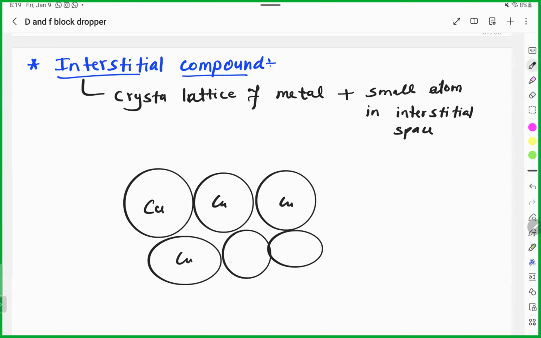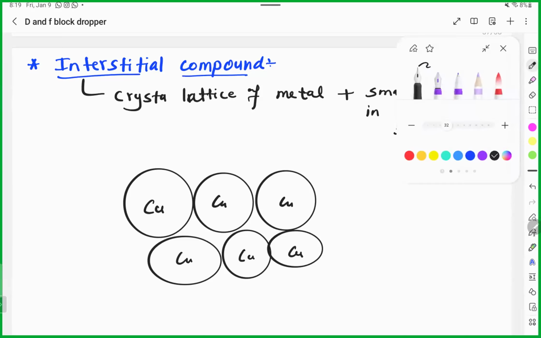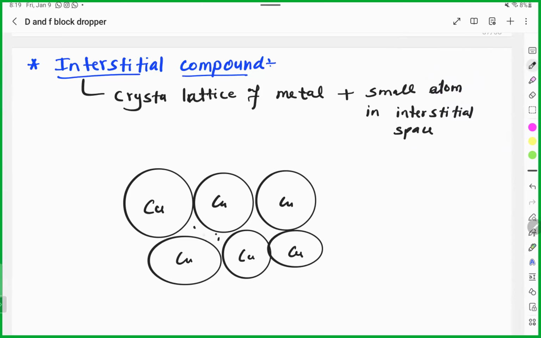I made them different sizes, but actually they should be the same. You know there is a space between the atoms. This space is known as interstitial space.